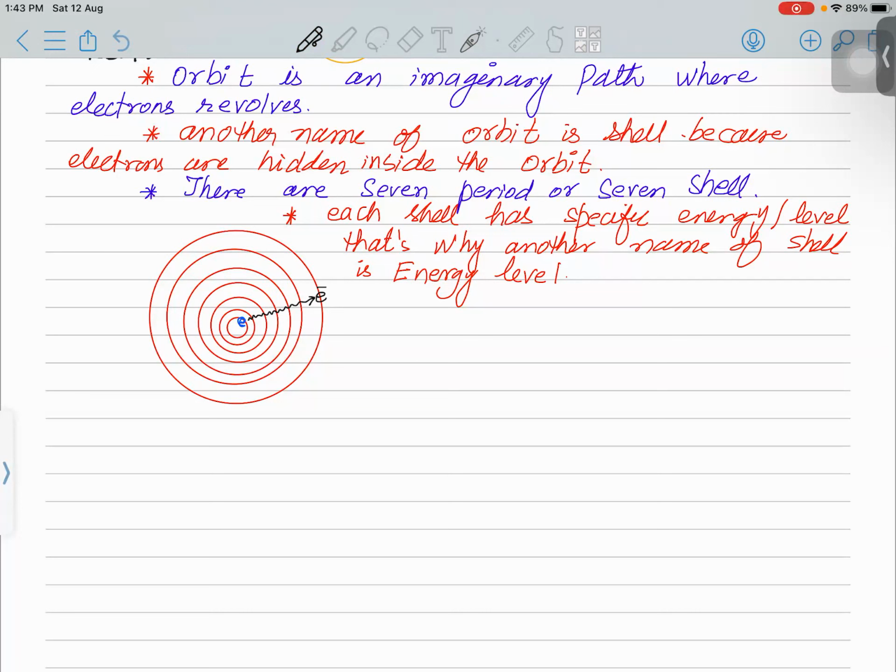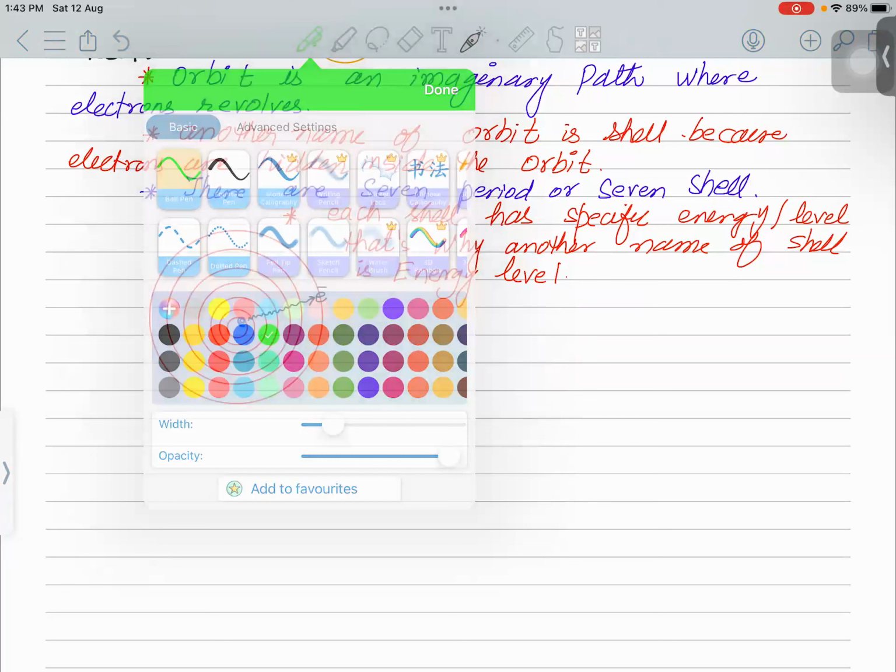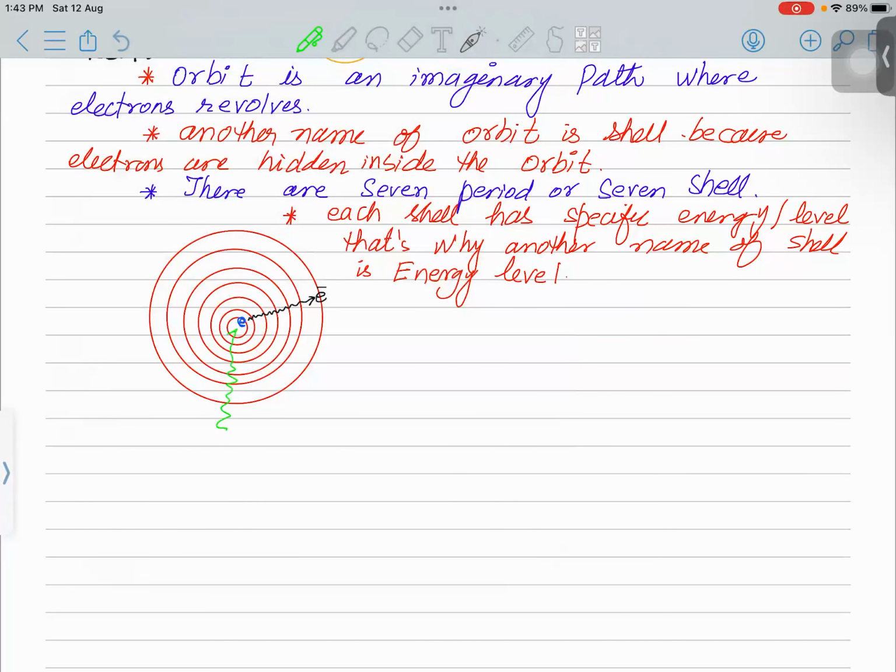Let's suppose we have an electron in the first shell and we want to move it to a higher energy level. What must be provided to this electron? Only energy, not ionization energy. Okay, so give energy.